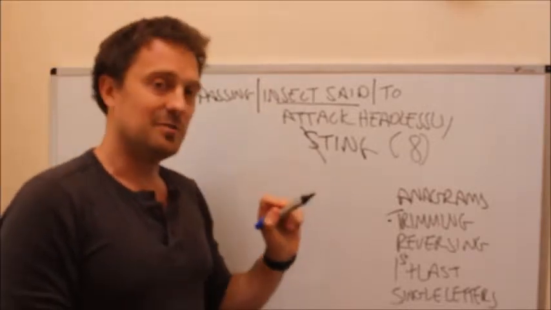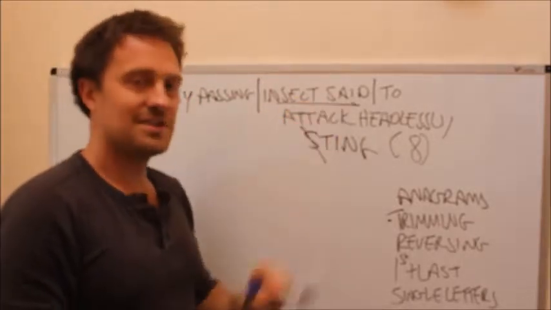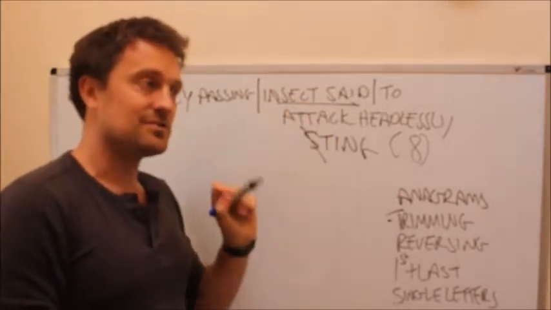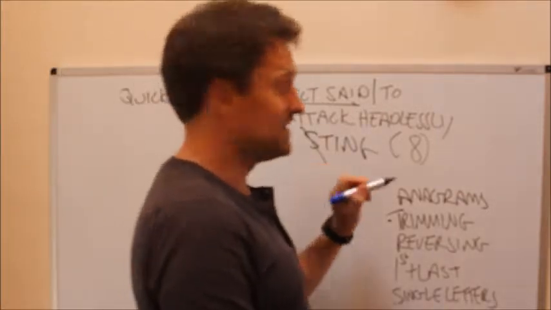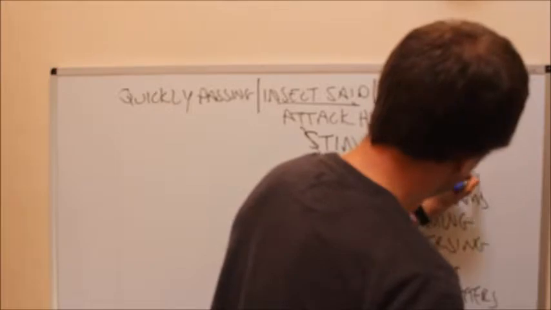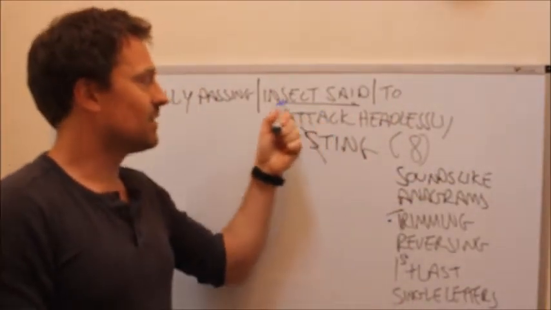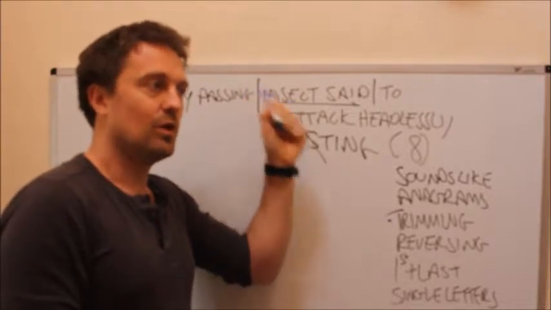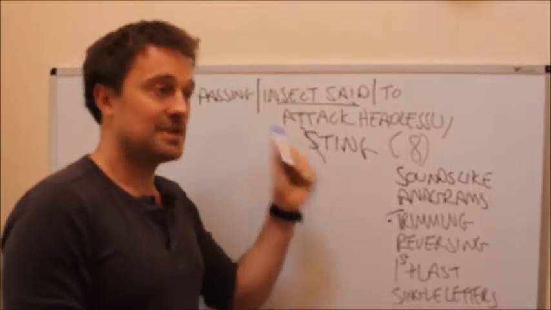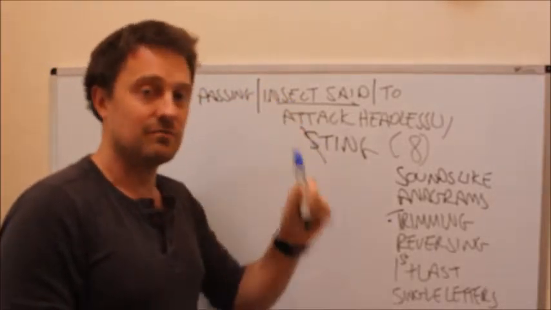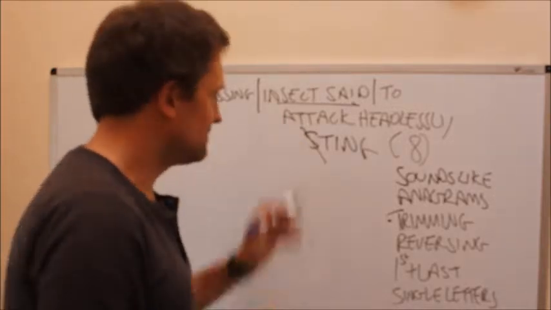Now, this is the new piece of functionality because this word said means sounds like. So that's the new bit. And what that means is that the word for insect will be misspelled. It will sound like the name of an insect but be written differently. So you run through your insects.